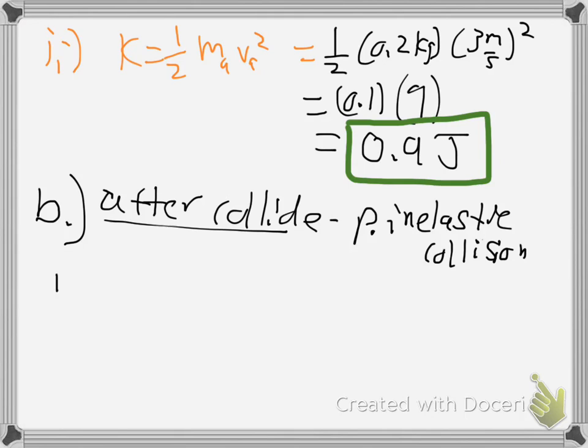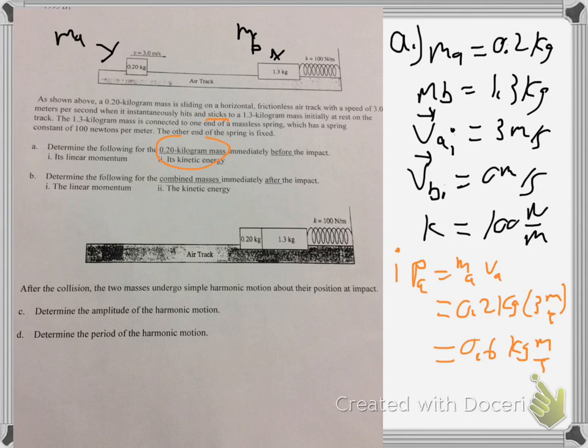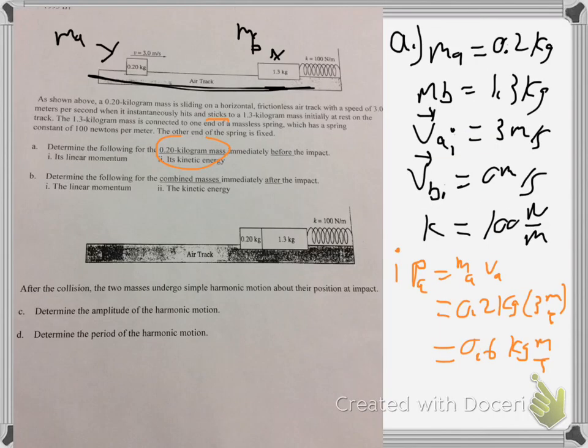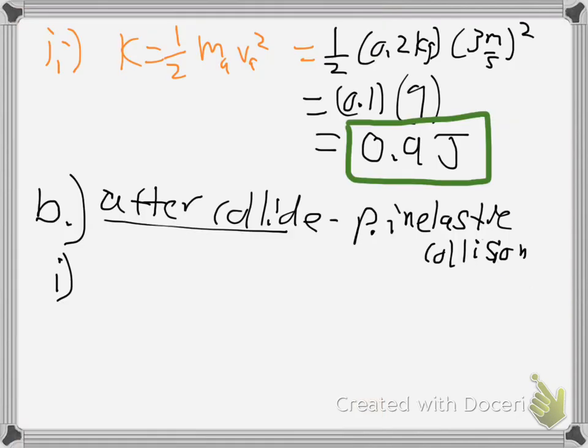Well, for part 1 here, what is the momentum? Well, remember that this was initially at rest. So the initial momentum of this entire system is equal to the momentum that we found right here. So the final momentum is still equal to 0.6 kilogram meters per second.